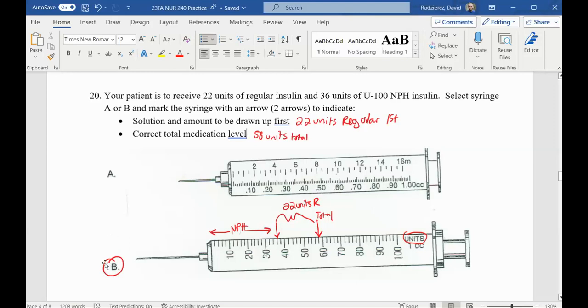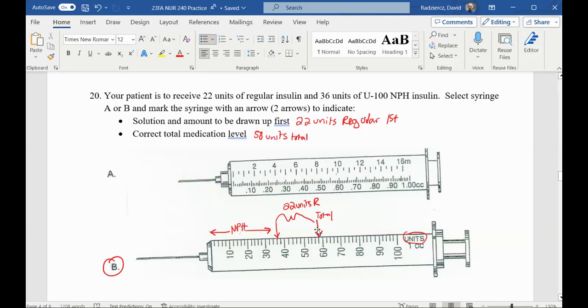They flunked me on this question because the labeling was not how they wanted it. So the labeling should be how I have it written here, where you put a mark at the total, and then the regular insulin is supposed to go closest to the total mark.